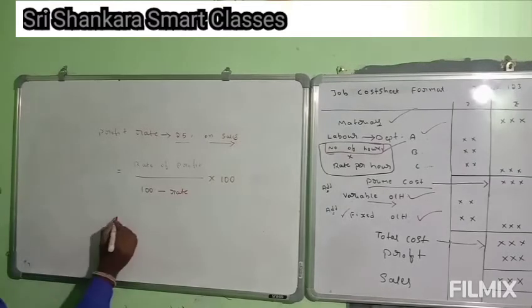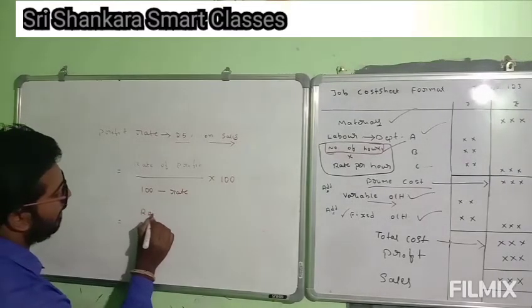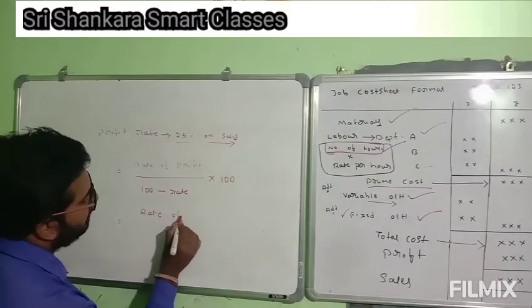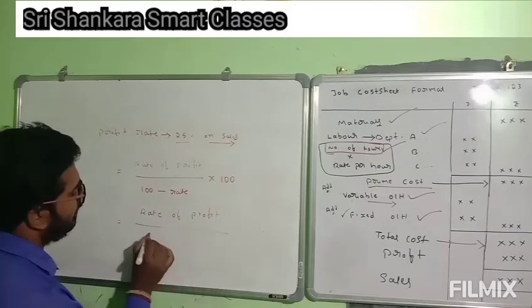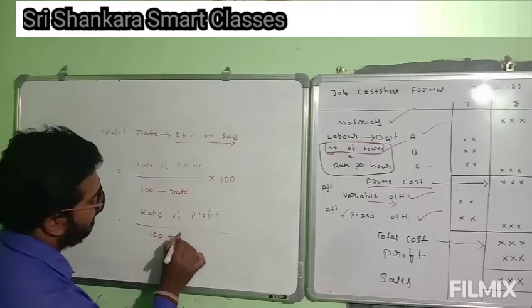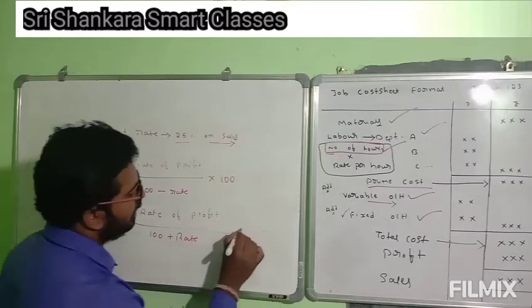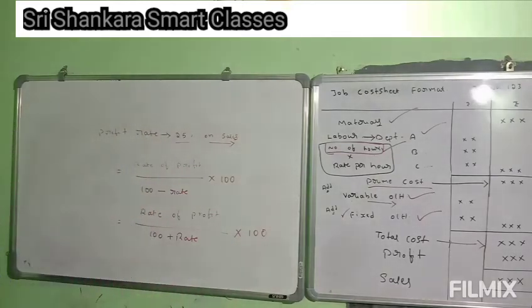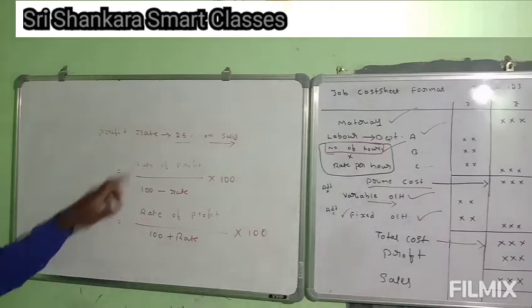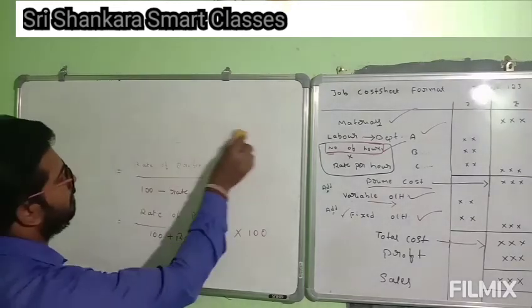Whenever they have given on cost and we need on sales, you can use the same formula with a change: rate of profit divided by 100 plus rate into 100. That is when we need to find on cost to on sales. So do remember, simple.